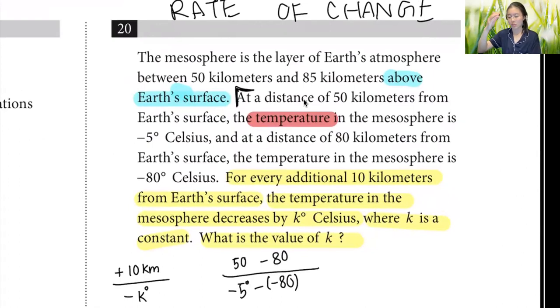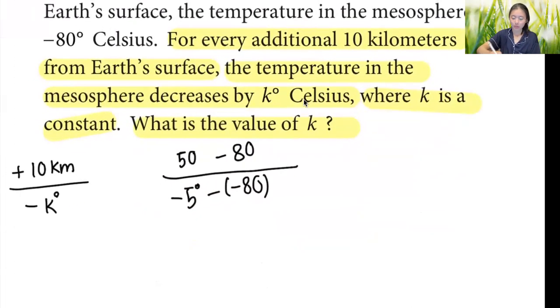And since we're given 2 points, we can understand how much it changes from one point to another. That's basically what we're doing. We're not doing anything crazy. We're just using what we're given to construct something that we can use to get to the answer. So that's the rate of change.